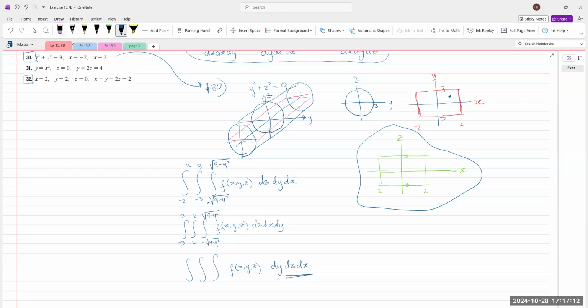And that will be, x will be from -2 to 2, the z will be from -3 to 3, and then the y will be negative square root of 9 minus z squared to square root of 9 minus z squared.